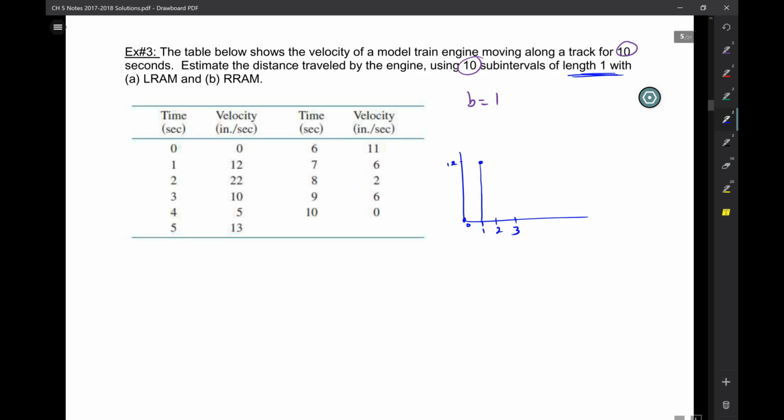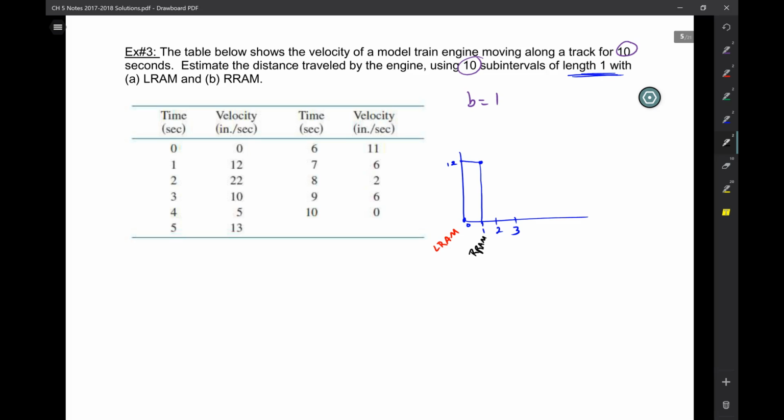If I have a rectangle like this, if I do LRAM, I'm going to start with the very first y value and go over. But if I do RRAM, which one am I going to start with? The 1. So you don't have to plug it into a function.